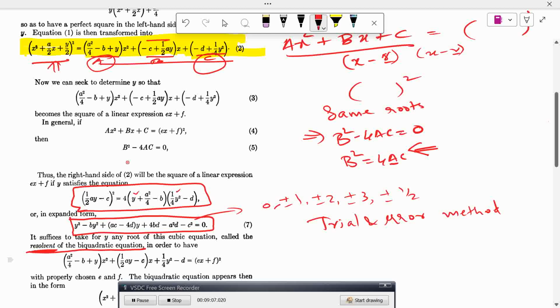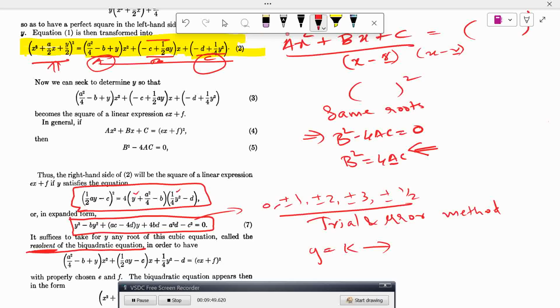What is that? You put this value into this y. If you get 0, then that is a root. Like that you will have to try. If this doesn't work, then you can use Cardan's method. So you will get some y equal to some value. This is a root. You will definitely get one, because a cubic equation will have at least one rational root, and we have to put that value in expression 2.